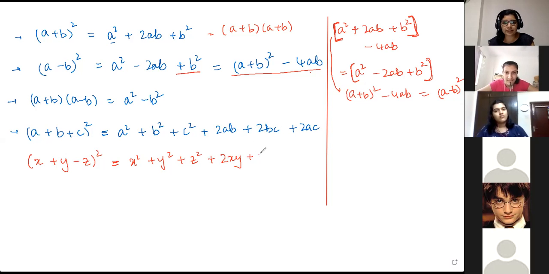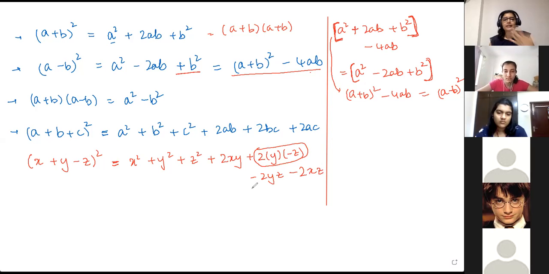So that's essentially 2 into b, in place of b I've got my y, and in place of c I've got minus z. So if you multiply, it's minus. Yes, it becomes minus 2yz here. And the last term, again minus 2xz. Correct, 2xz. Don't forget about the 2.